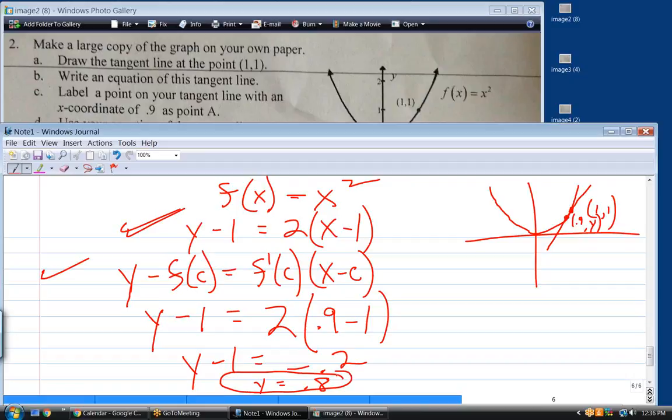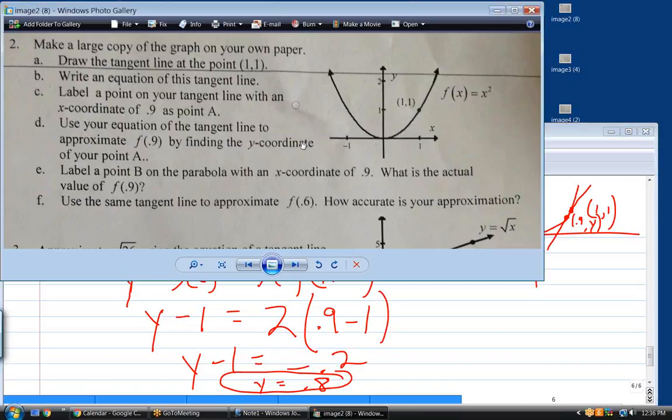It's always a good idea to check that, to make sure that it makes sense. And if you actually plug in 0.9, you'll see that y would equal 0.81. So again, this is an excellent approximation. For a long time, this is the way they found values that they didn't know how to solve for.